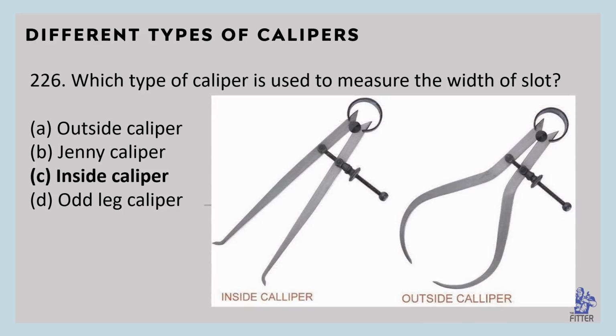Outside means, let us say one block is placed in between the jaws, so the outside dimensions are measured. Inside means if you want to calculate a ring's inner diameter, then we will use inside caliper. In the outside caliper the legs are bent outwards; here the legs are bent inwards.